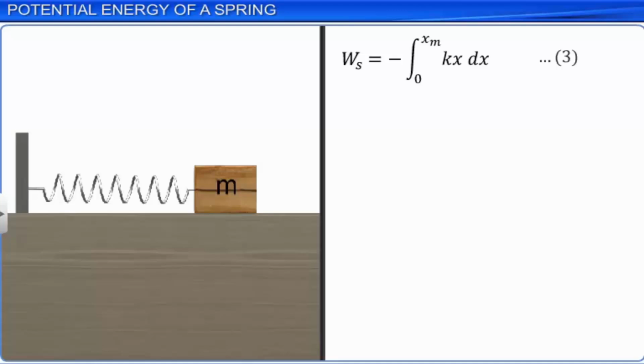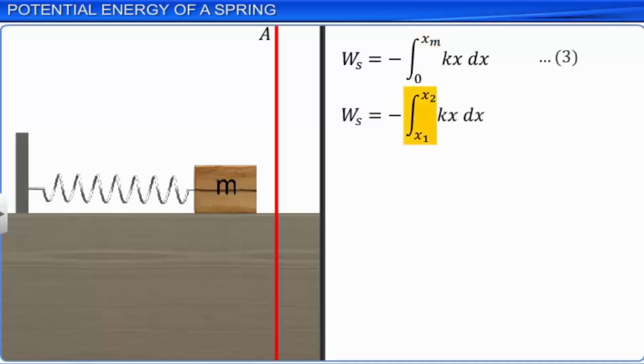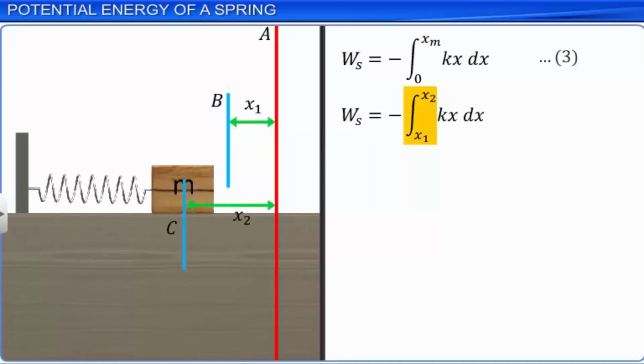In equation 3, W is equal to minus integral kx dx in the limits 0 to xm. We know that the initial displacement is 0 and the final displacement is xm. Instead, if the initial displacement is x1 and the final displacement is x2, then the work done W by the spring force would be equal to the negative of integral kx dx in the limits x1 to x2.